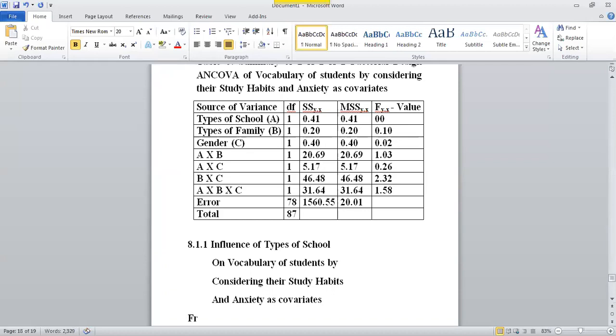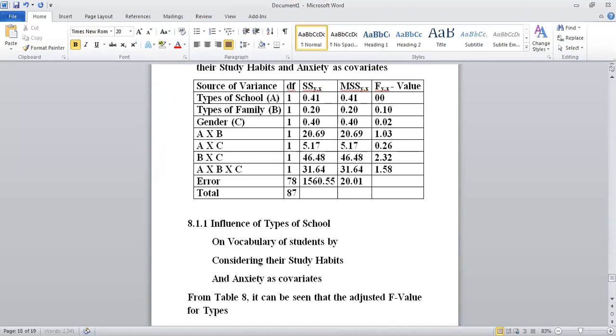So then we can say, now from table 8, it can be seen that the adjusted F value for types of school, adjusted F types of school is 0.00, which is not significant.